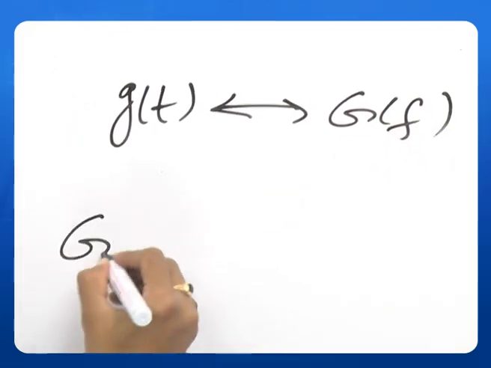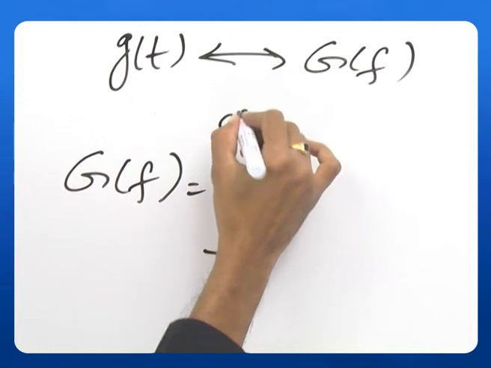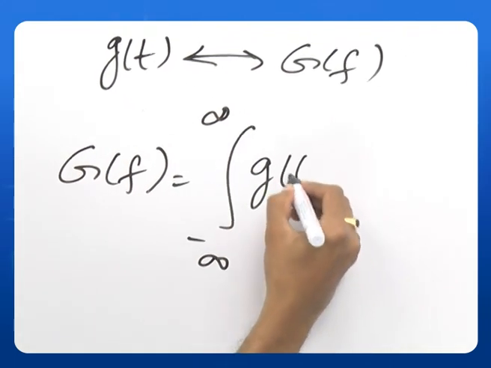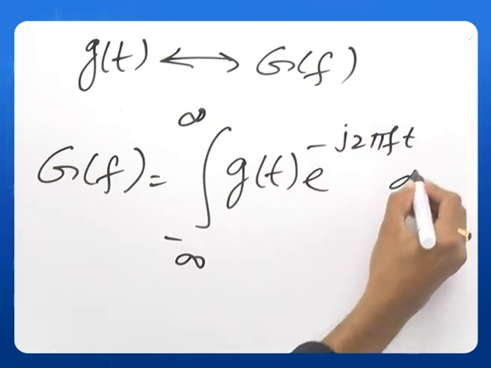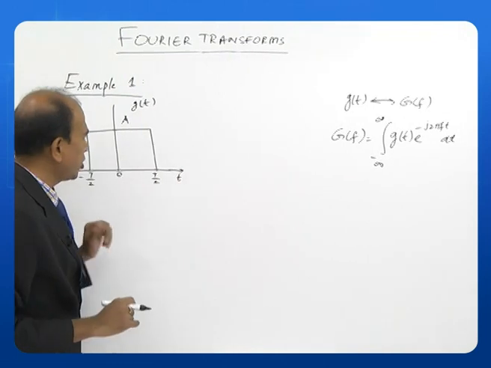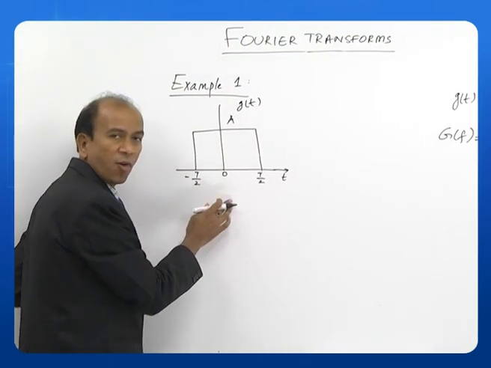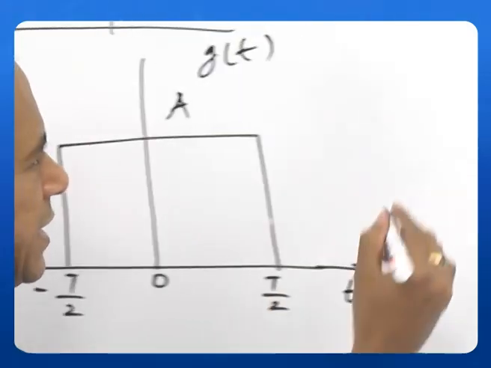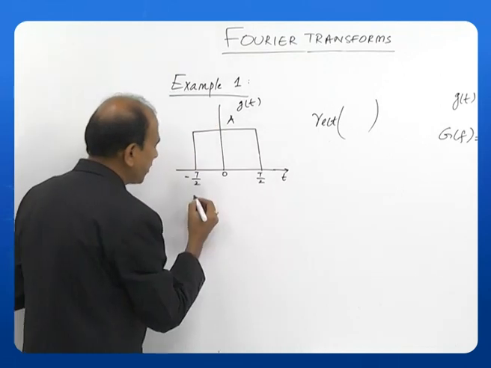So, G of f, from our earlier knowledge, is given by this formula: integral from minus infinity to plus infinity of g of t e to the power of minus j 2 pi f t dt. We will make use of this formula. Also, if you see, this is a rectangular function which is centered around 0. So, we represent this as a rectangular function. What is the width of this function?